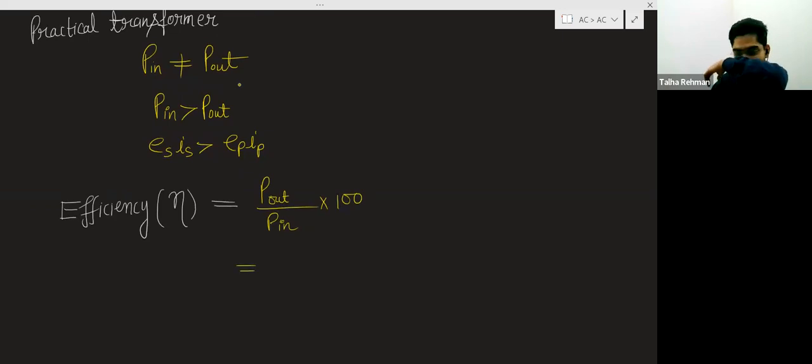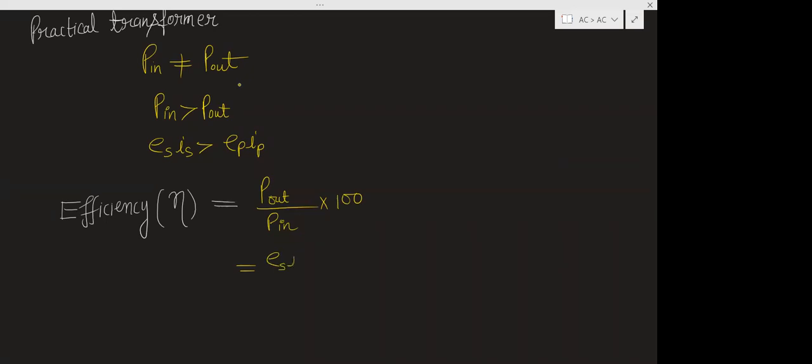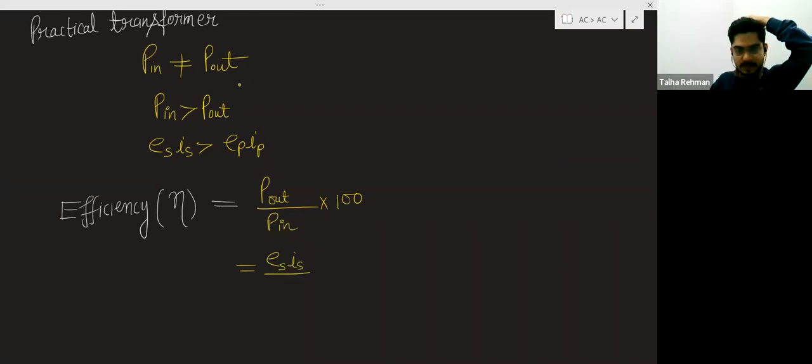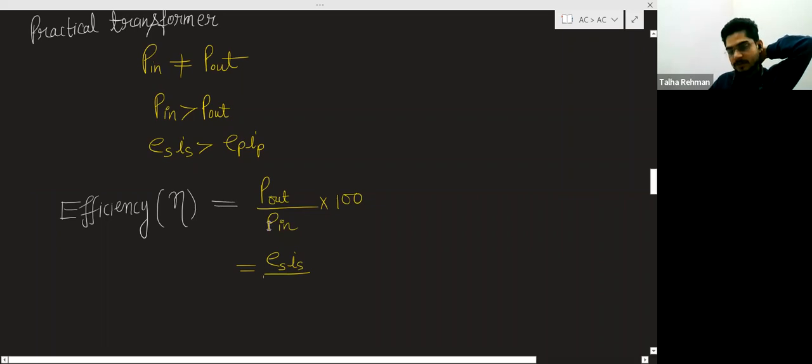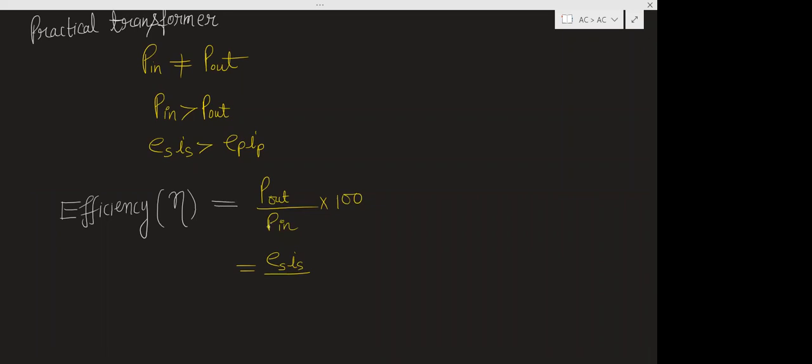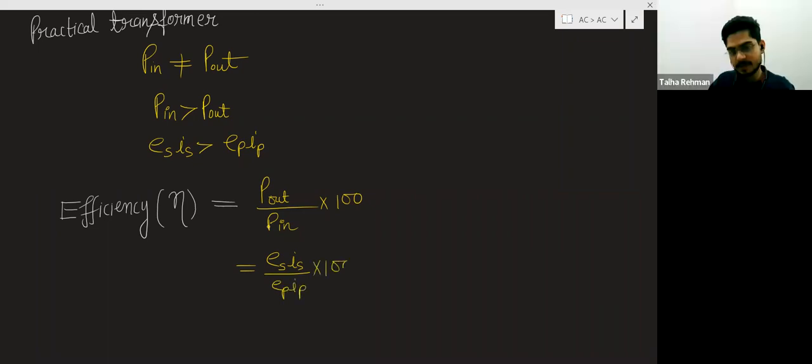How can I write the output power for the transformer? ES into IS. What will be the input power here? EP into IP. Multiplied by 100. So basically this will be the efficiency.